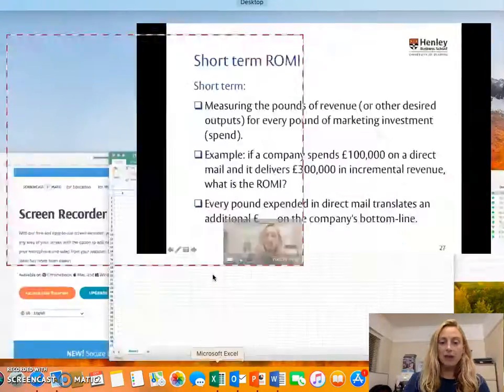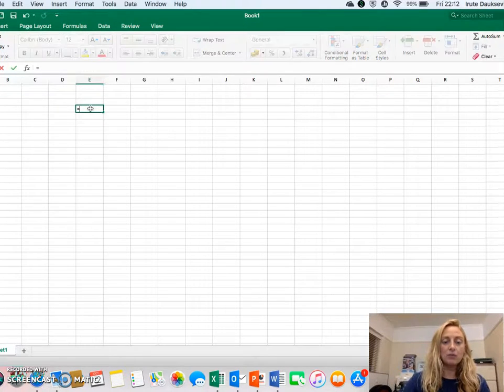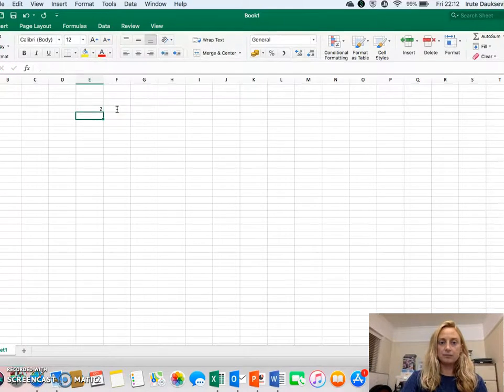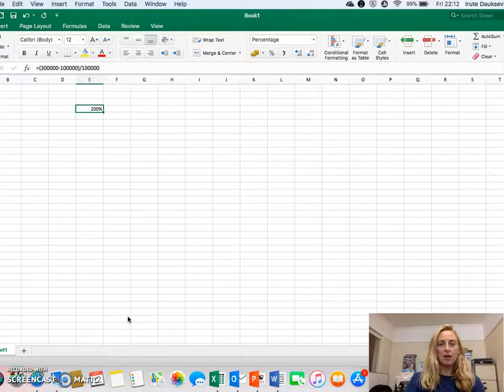It's very simple calculations, but let's take an Excel file and do the actual calculations. Based on the formula, we will do 300,000 minus 100,000, and we will divide this by 100,000. And this is what we get, the percentage.